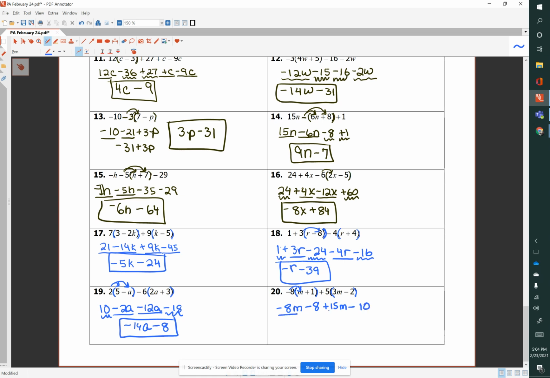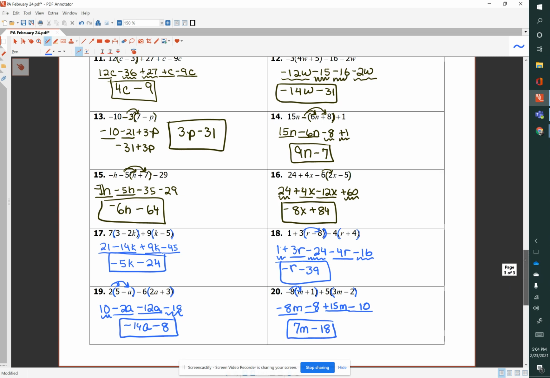So negative 8m plus 15m is a positive 7m, and negative 8 minus 10 is negative 18, for a final answer of 7m minus 18.